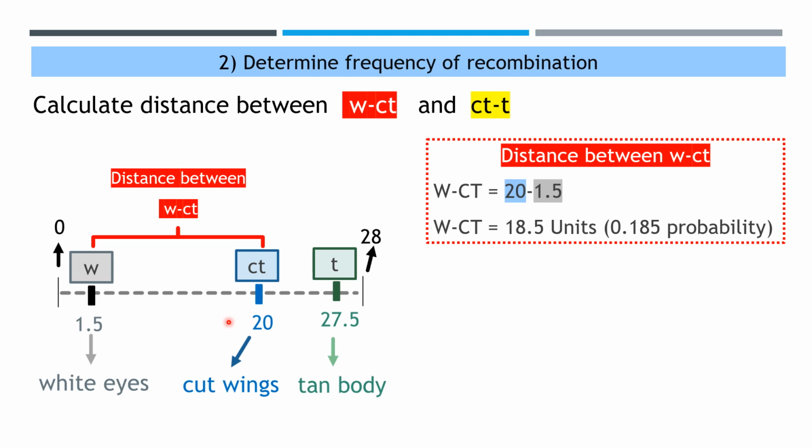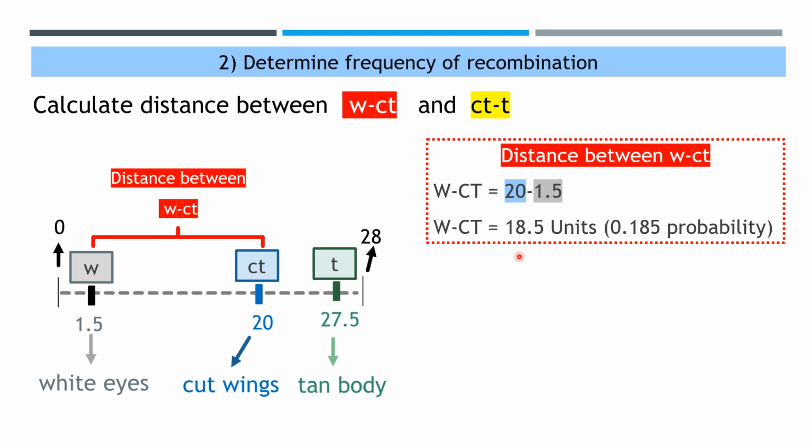From here, and the 1.5 comes from here. So we subtract that value, and when we subtract that value, we get 18.5 units. That is a probability of 0.185. Okay, so that will be the frequency of recombination.